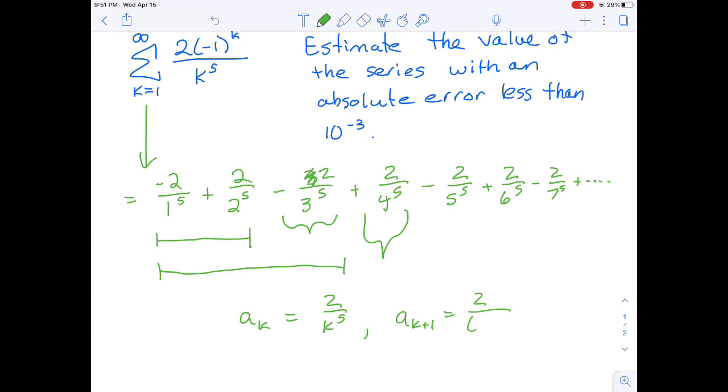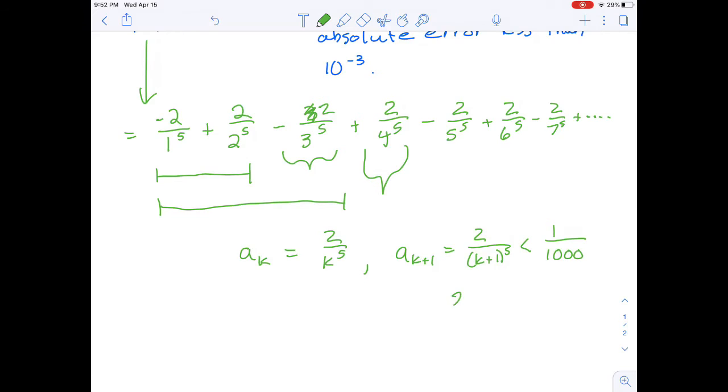So I have 2 over k plus 1 to the 5th, and I need that to be less than 1 over 1,000. So I can use some algebra here. I'll get 2,000 is less than k plus 1 to the 5th, and I can take the 5th root of both sides, and I'll end up with the 5th root of 2,000 minus 1 is less than k.